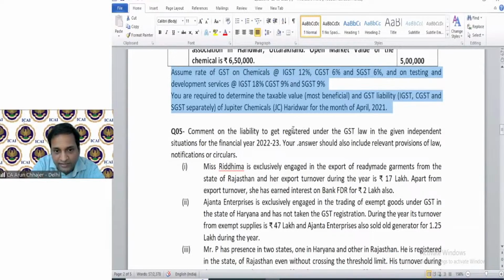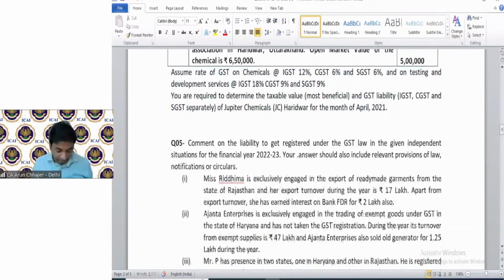Now next chapter is registration. Comment on the liability to get registered under the GST law in the given independent situation. So all are the independent situations. Miss Ridhima is exclusively engaged in the export of ready-made garment from Rajasthan.